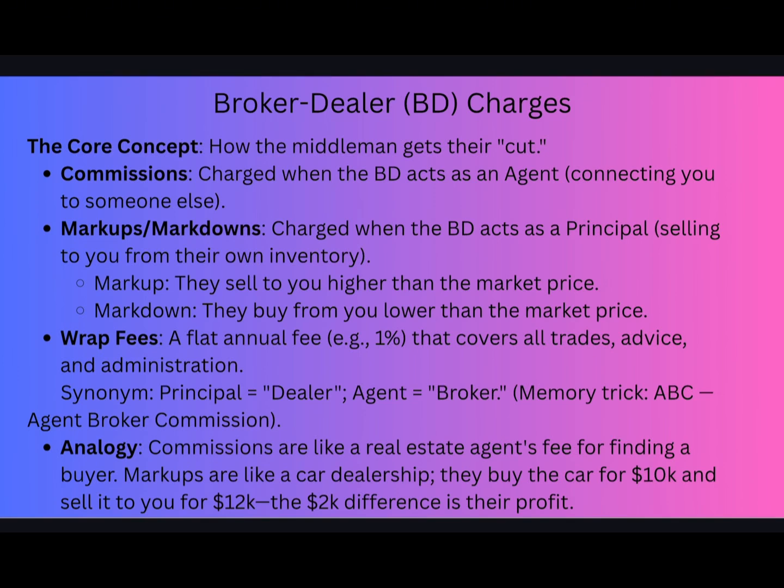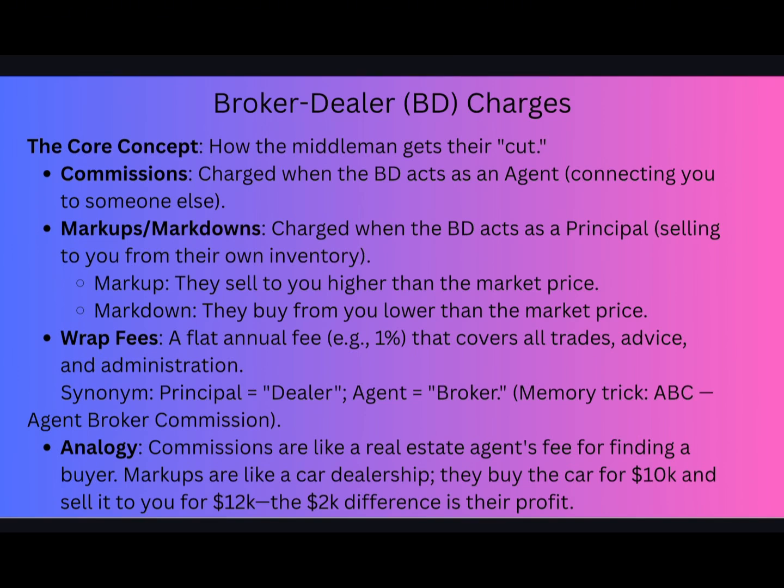For a trade to be non-discretionary, the customer must provide all three of the A's before the trade is even entered. Meaning, if a customer decides the action they want to take, if the customer decides the amount, and if the customer decides what asset they want to invest in, then that's non-discretionary.